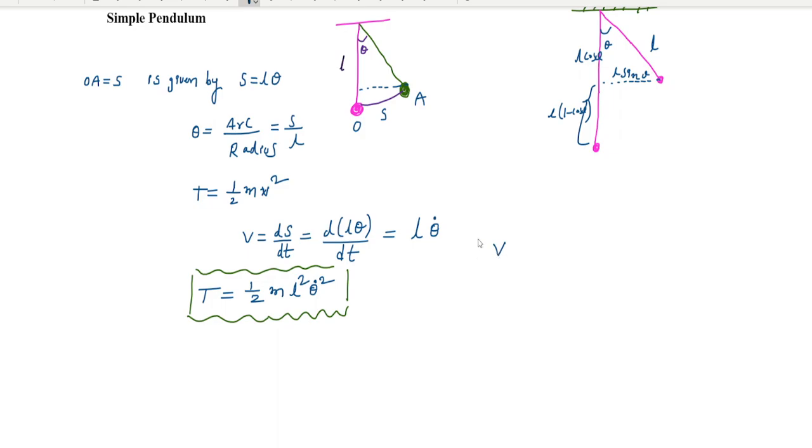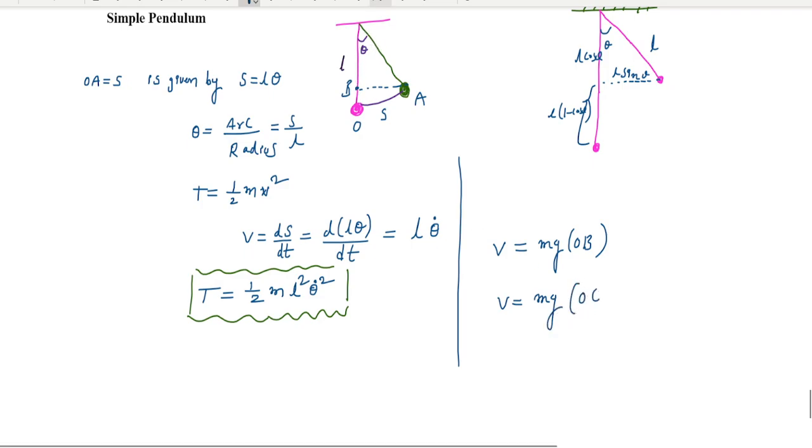V equal to mg OB. It is better to name this point B. Then this OB I'm going to write as mg times OC minus BC.